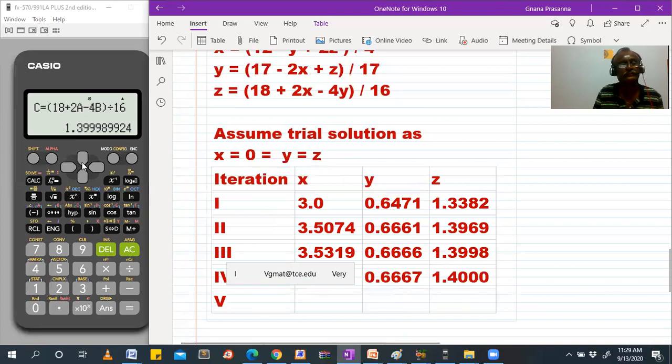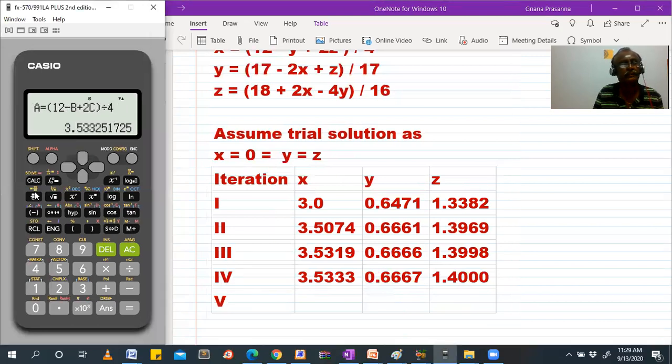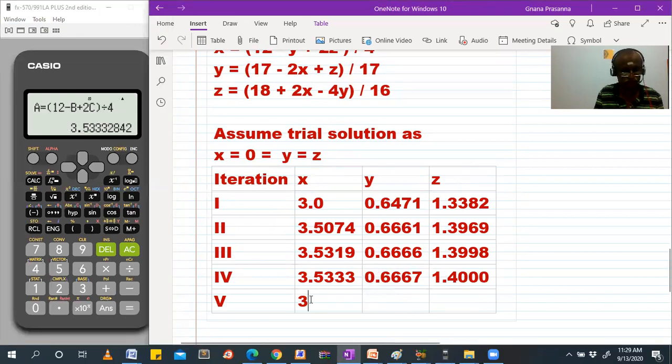So repeat this. A, calc, equal to, 3.5333. So it is the same.